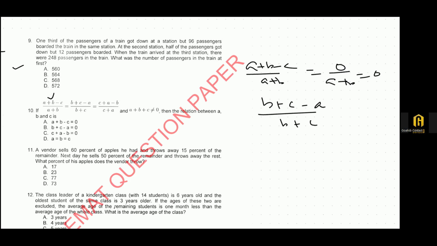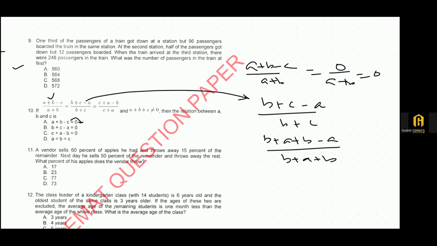So if we take c to the other side, c will be equal to a plus b. Let's put it here: b plus a plus b minus a, upon the value of c I am putting as a plus b plus b. This is what the second part becomes. So a will cancel out. It will become 2b upon 2b plus a. So whatever this might come to, it will not be 0. That is for sure.